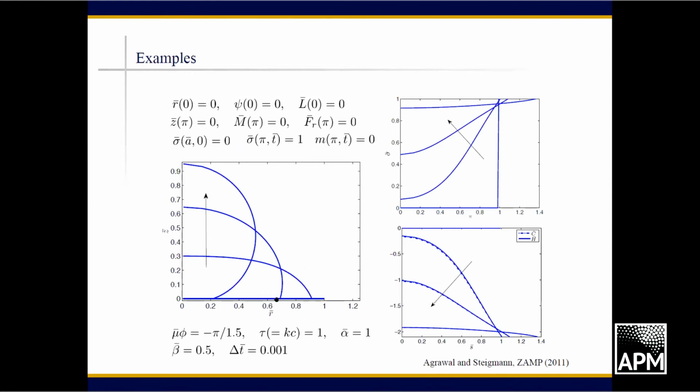Here's a simple problem in which we have a circular, flat disk, and at time 0, let's say, we expose the edge to a protein bath. Normally we prescribe chemical potential, but I think in this simulation we're prescribing actual protein concentration.